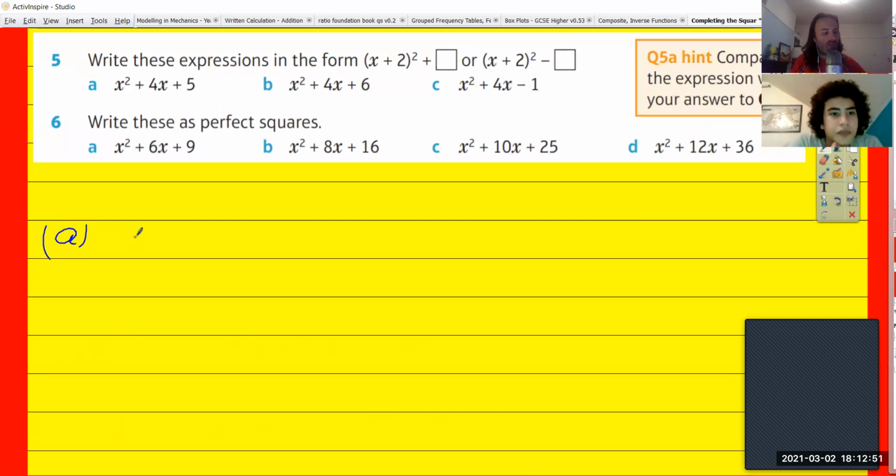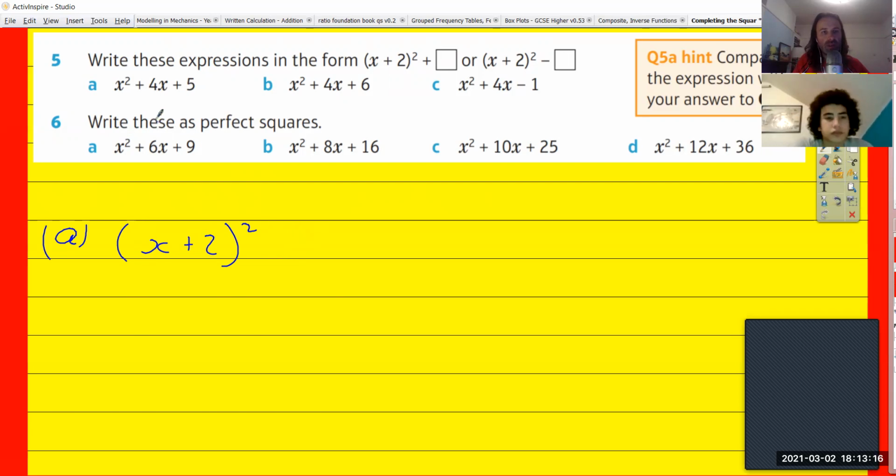Will be x plus 2 squared plus 7. I mean 6.